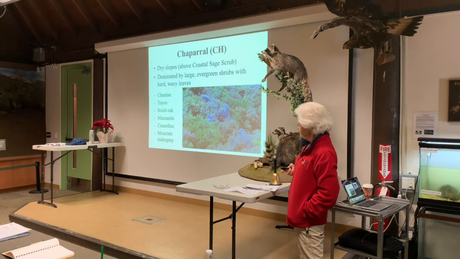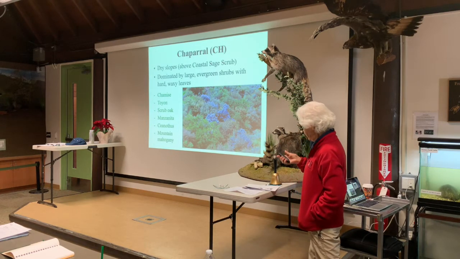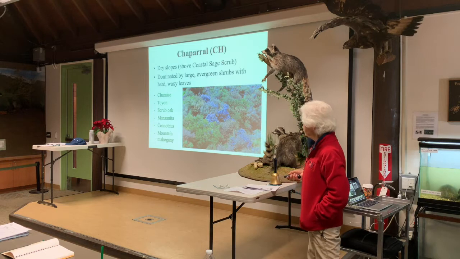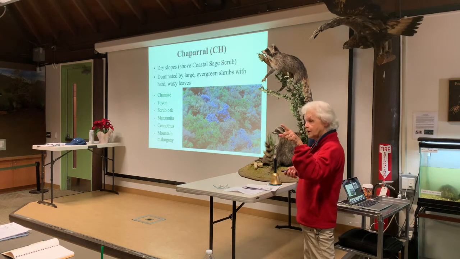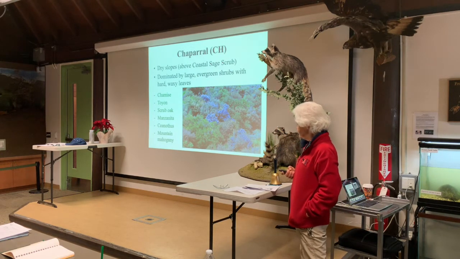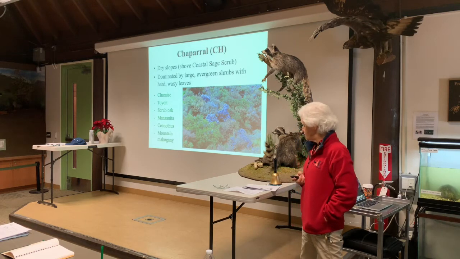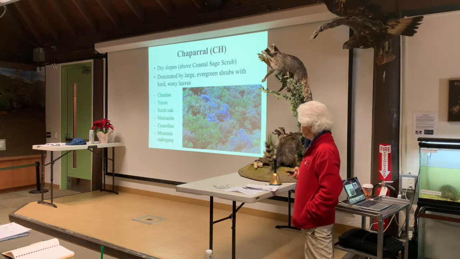The Santa Ynez Mountains mainly has mixed chaparral, where these plants occur. The chamise, toyon, and scrub oak I saw on the table. Manzanita, ceanothus is another word for California lilac, and mountain mahogany.